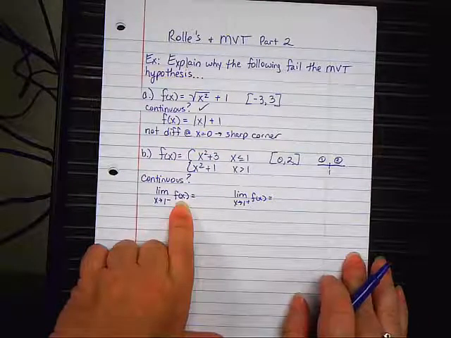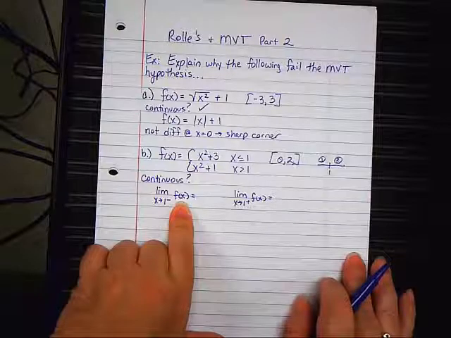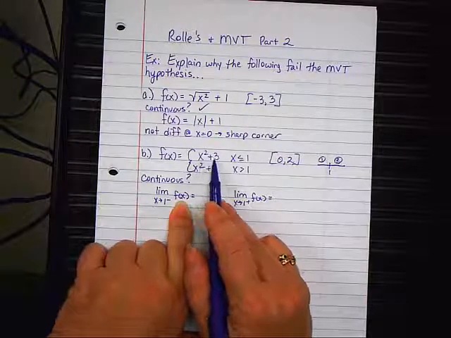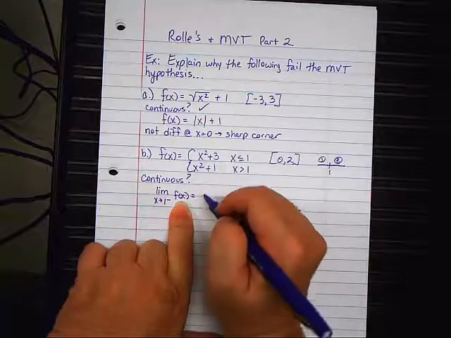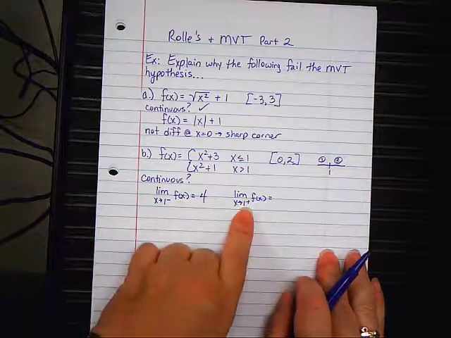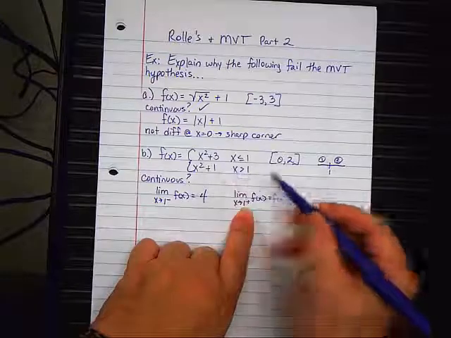So they happen to be in order. Kind of helps. So for my first limit, which equation am I plugging into? I'm plugging into the first one. Plugging in 1. What do you get? 4. So that one's 4. For the second limit, I'm plugging into the second equation. I'm plugging in 1.